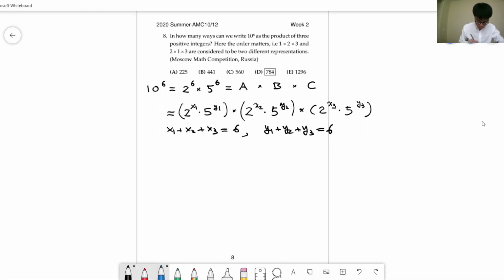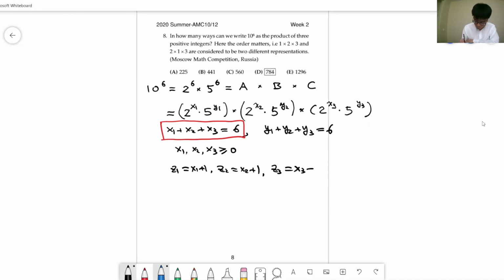Let's just consider x. Our requirement is that x1, x2, x3 are integers greater than or equal to 0. So we can consider z1 to be x1 plus 1, z2 to be x2 plus 1, z3 to be x3 plus 1.